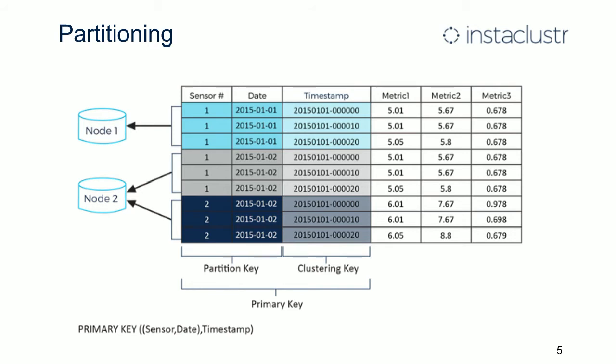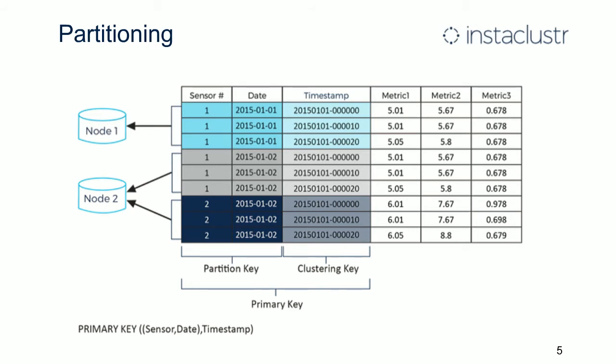So I have an example here illustrating a table which has a primary key defined of sensor and date and timestamp. The primary key is divided into a partition key component and a clustering key component.